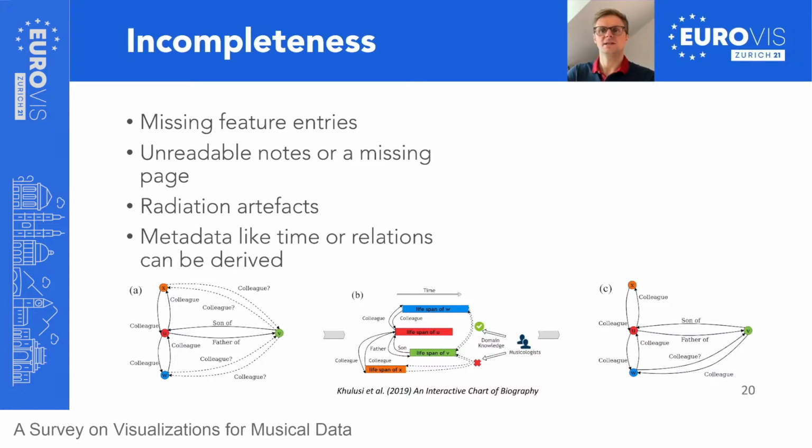Further, we encountered incompleteness. This is mainly due to the century-old history of musicology and the work with historical sources. For an information corpus, it is most unusual to be complete, starting with missing entries over unreadable documents to missing data through radiation artifacts.